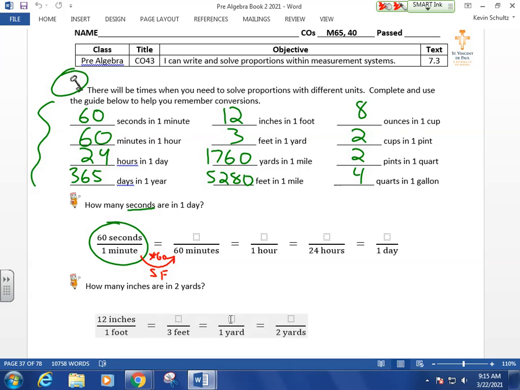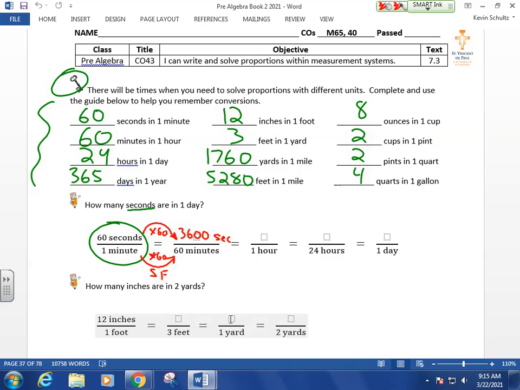And what we know about scale factors is that we do it to both the denominators and the numerators. So we're going to then multiply 60 by 60, which is 3,600. Okay, so 3,600 seconds in 60 minutes.